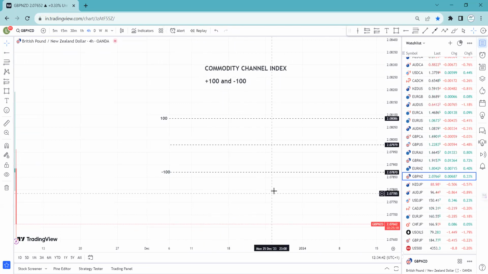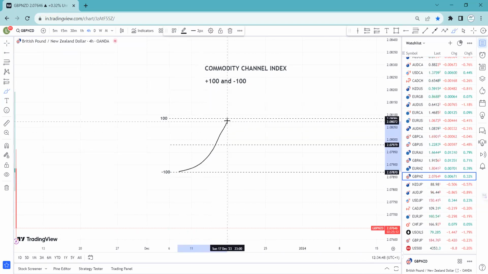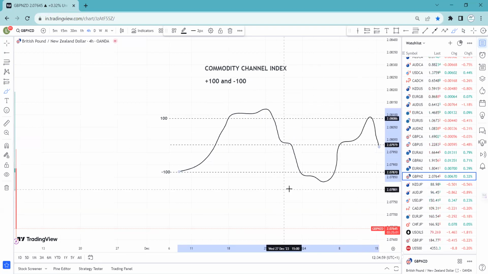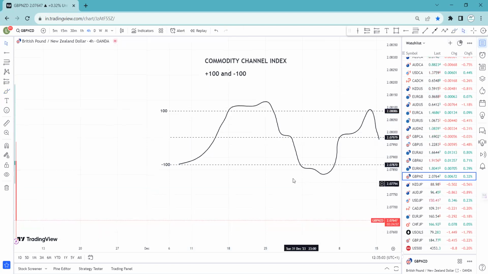Okay, so let's come back here now. So this is what it means, right? The commodity channel index oscillates between the positive 100 and of course the negative 100, and it keeps oscillating that way. Now, for every single time this commodity channel index oscillates and moves between negative to positive and back to negative and back to positive, they mean something.